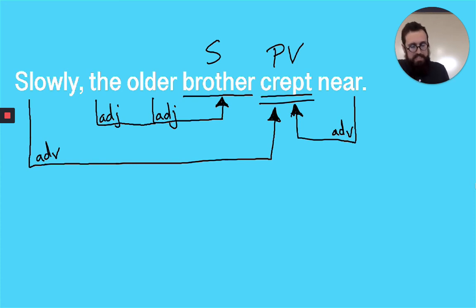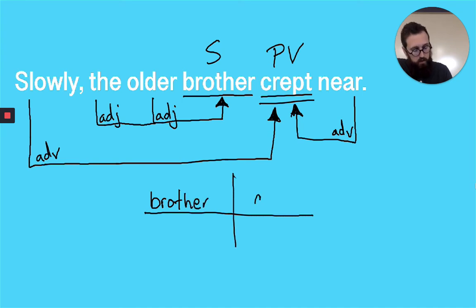Okay, let's go ahead and diagram this sentence. Draw my baseline, write my subject, brother, draw my vertical line, and then crept, my predicate verb. Now I go through and do my modifiers in the order that they show up in the sentence. So slowly is describing crept.